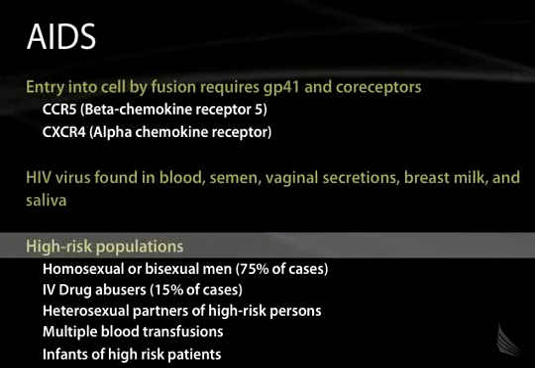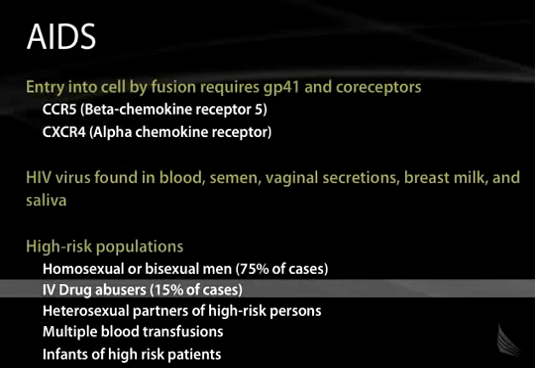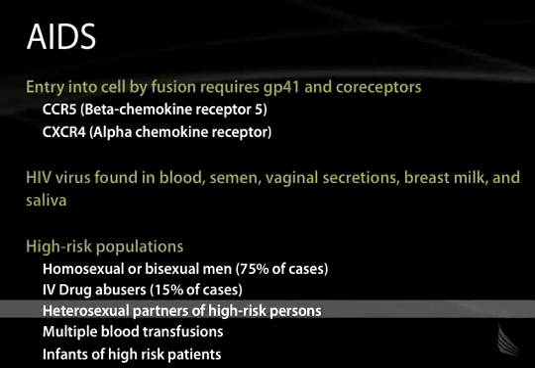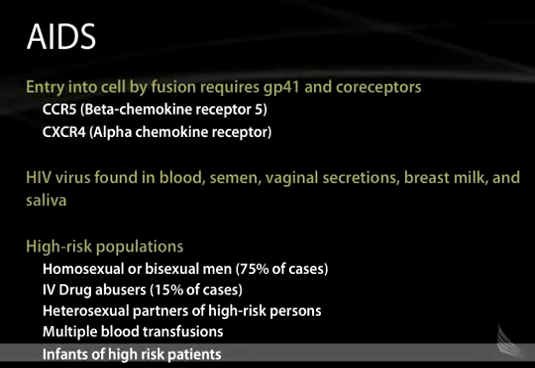High-risk populations are considered to be homosexual and bisexual men, making up about 75% of new cases of HIV, intravenous drug abusers, which make up about 15% of the remaining cases, and then the remaining 10% being heterosexual partners of high-risk individuals, patients who for some reason have had to undergo multiple blood transfusions, and infants of high-risk patients.